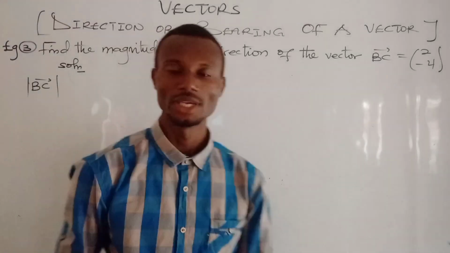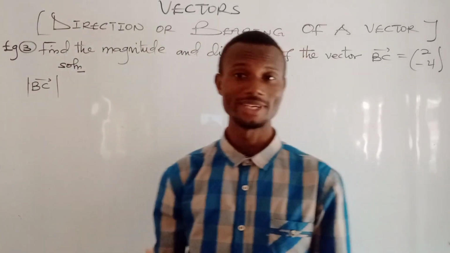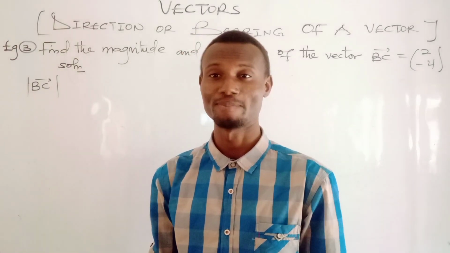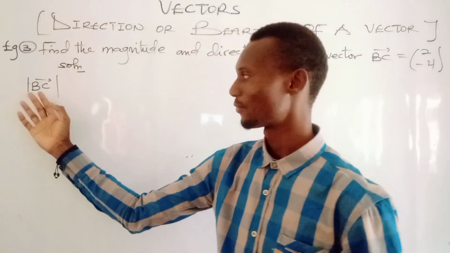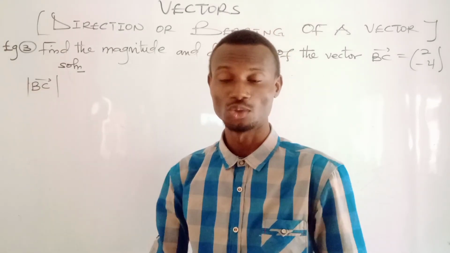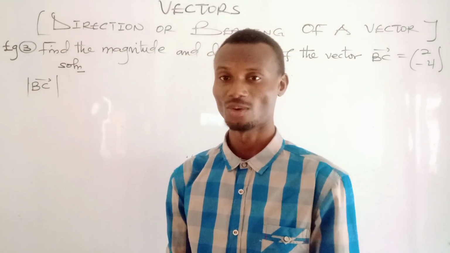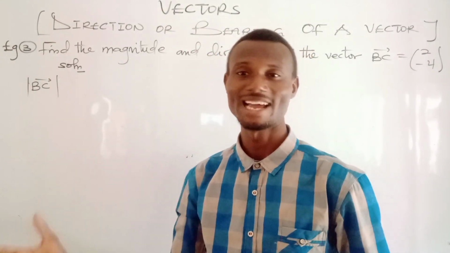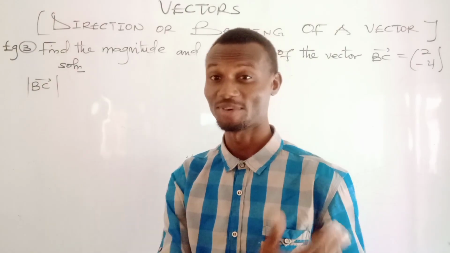If you want to show that you are looking for the magnitude of a particular vector, you just write the vector, then you put two lines beside it, and that shows the magnitude or the length of the vector.